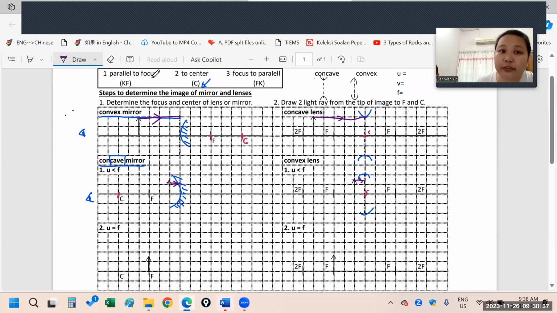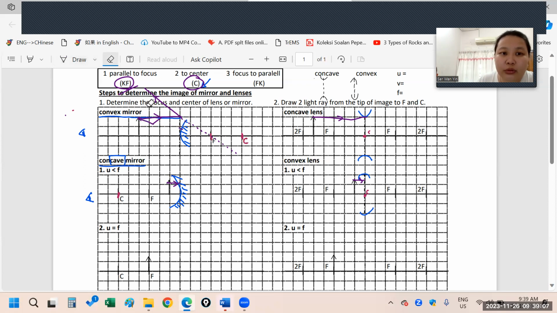Then to the F. Actually, it's a mirror, so the light cannot reach F, so normally we use a dotted line. Then it will reflect. After that, from here, directly go to C. KF, C.